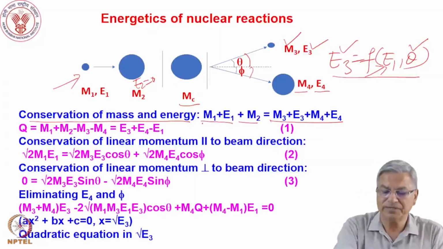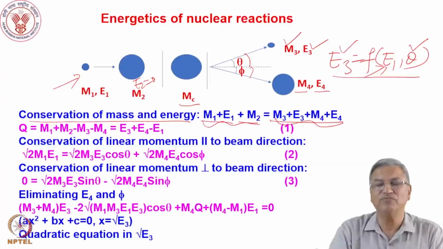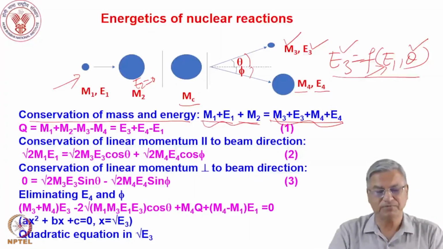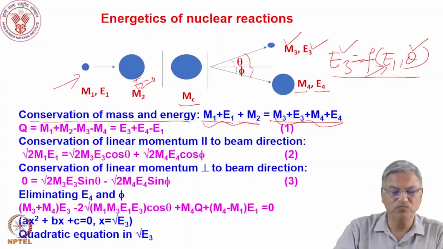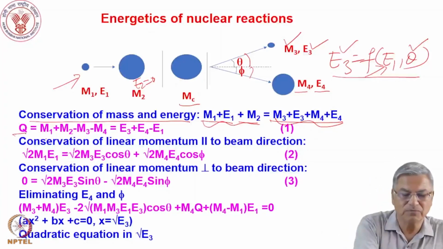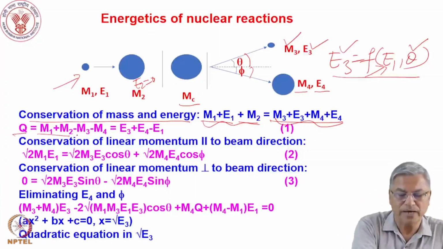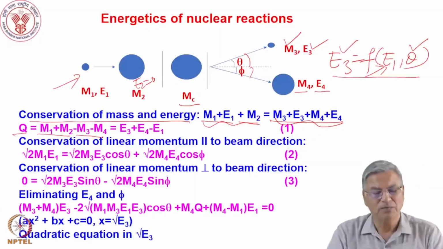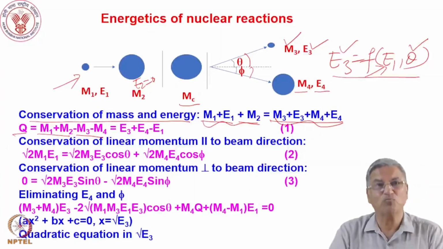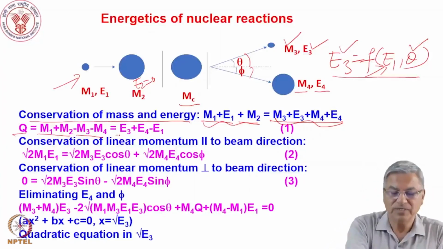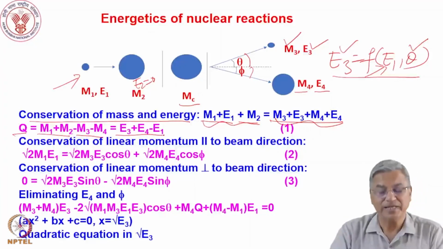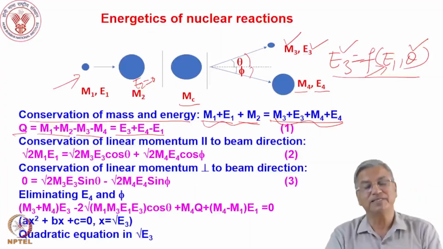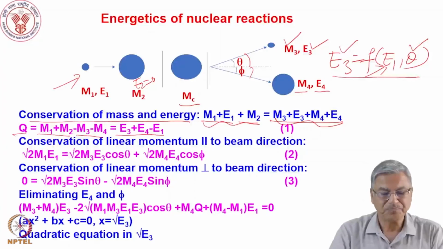So this is the conservation of mass and energy before and after the reaction. Now we can rearrange these equations in terms of the Q value. The Q value is nothing but M1 plus M2 minus (M3 plus M4), mass of the reactants minus mass of the products, or the kinetic energy of products minus kinetic energy of reactants. You can arrange it this way also.